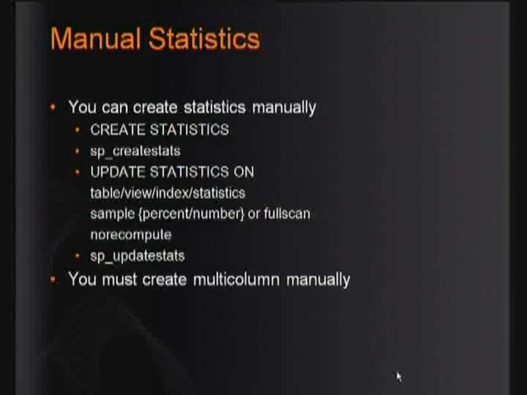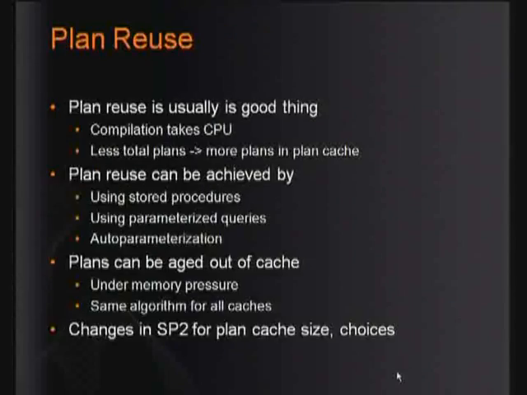Let's go back and talk about plan reuse. Plan reuse is usually a good thing, because creating a query plan takes CPU time. In fact, if you've got a huge honking CPU and you seem to be taking too much CPU time, perhaps it's because you're recreating too many query plans.